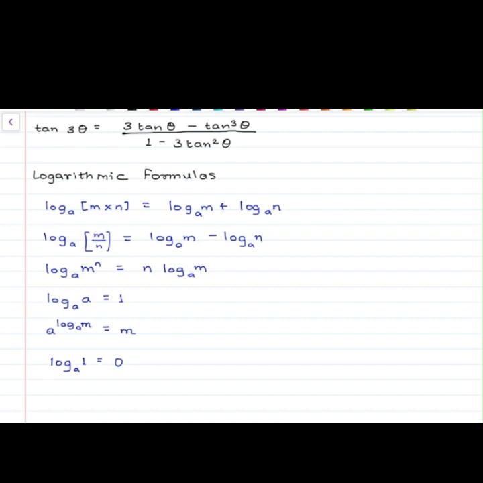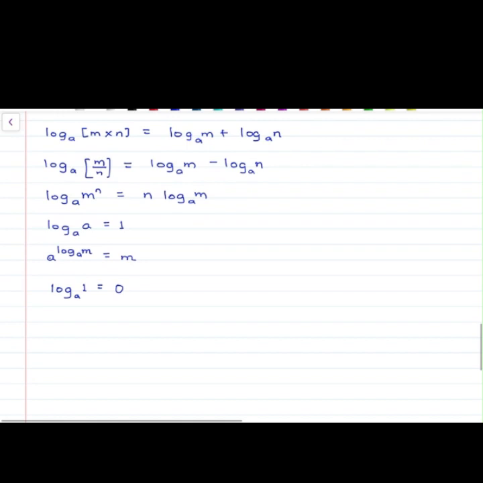If we have power terms, log of m to the power of n will give you n times log of m. If you have the same number as the base, you will get 1. So log 10 to the base 10 is 1, right? Similarly, log e to the base e is 1, right? So this will be useful.